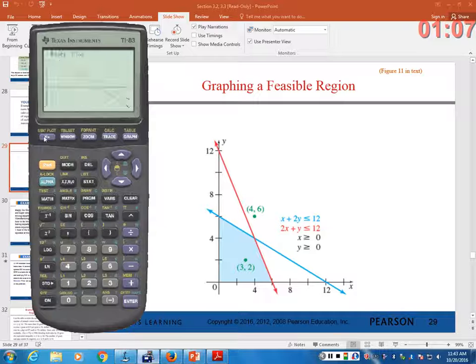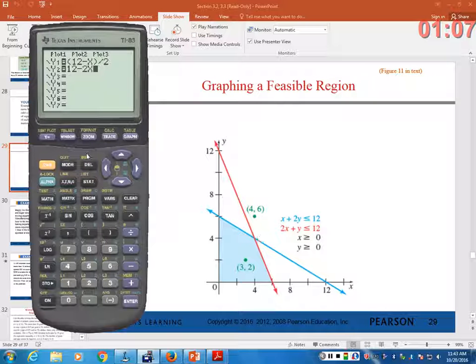I'm going to do that like I did before. I'm going to actually just graph these. The red line and the blue line are x plus 2y equals 12. So y is going to be 12 minus x divided by 2. And 2x plus y is equal to or less than 12 is going to be 12 minus 2x.